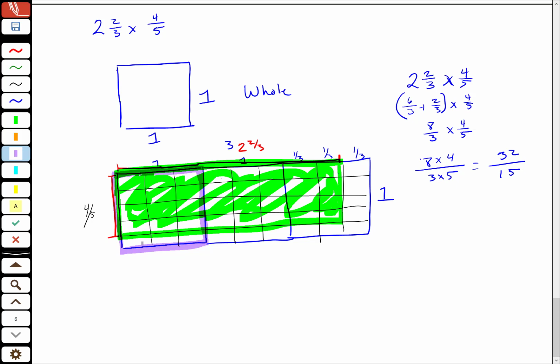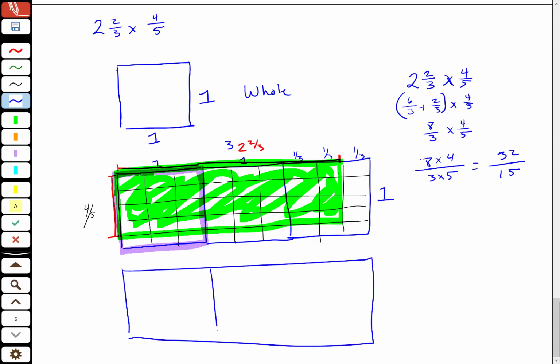Okay. So there's 32 over 15 pieces. Okay. So I'm going to maybe redraw this and try and figure out what this fraction is, because 32/15 also is a mixed number, so I need to represent that in my final solution.